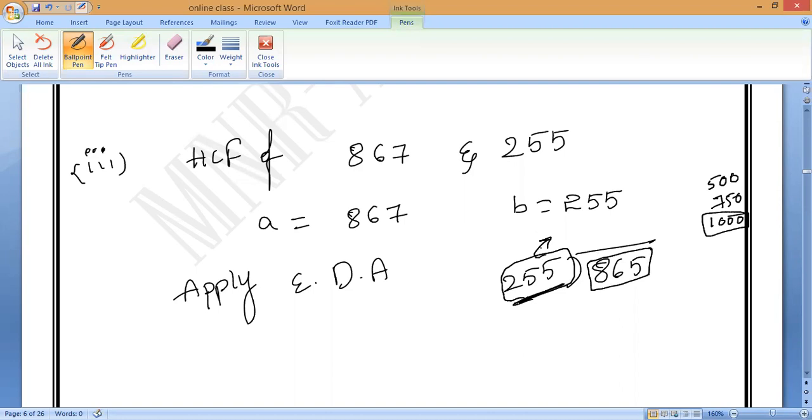So take 3 times. 255 into 3 is 765. Is it clear? 255 3 times is 765.